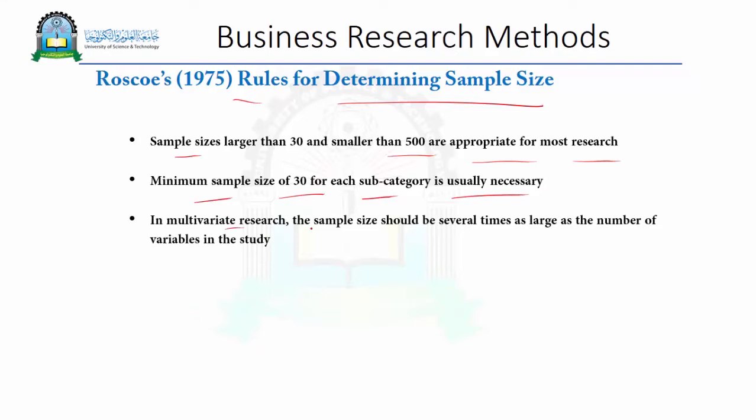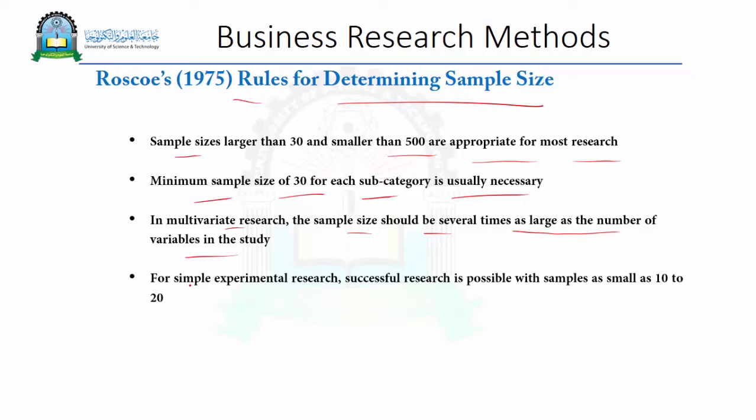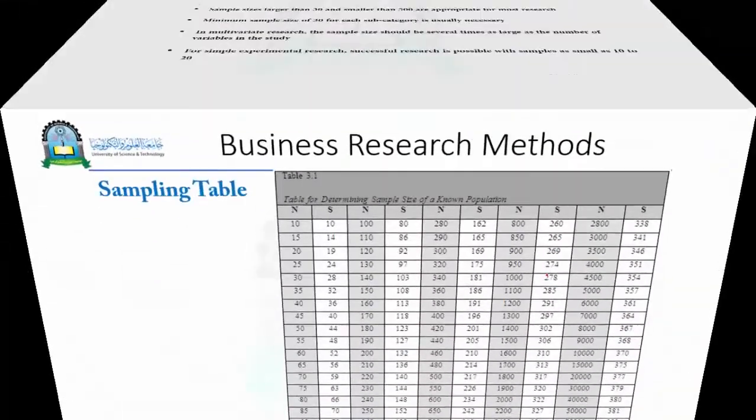In multivariate research, the sample size should be several times as large as the number of variables in the study. For simple experimental research, successful research is possible with samples as small as 10 to 20. This is very important also.